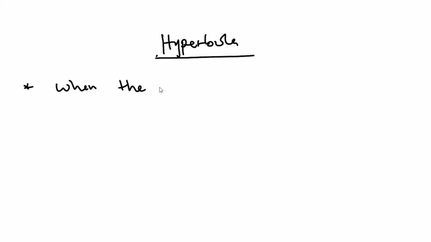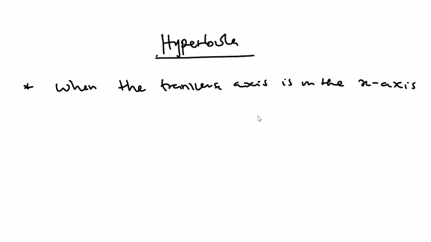Alright, so in this video we're going to talk about the equation of a hyperbola when the transverse axis is on the x-axis. So when the transverse axis is on the x-axis.